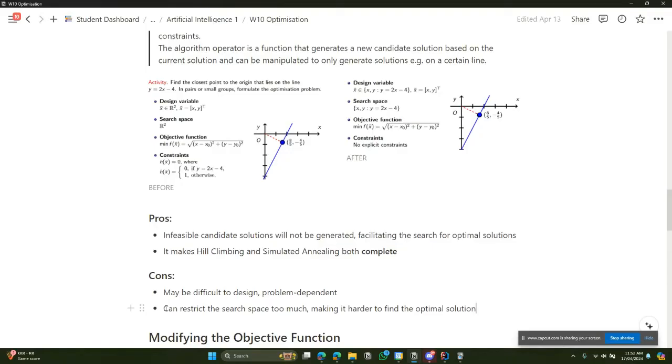Can restrict the search space too much, making it harder to find the optimal solution. Well, it won't be valid in this case here because we're generating all the feasible solutions. But in some cases, if you constrict the feasible search space too much, it could lead to you only finding the local optimum within that search space.